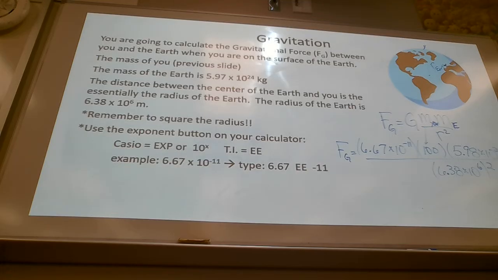It doesn't like notation without parentheses. Remember to square the radius. If you get it right, you should see a number that is really close to what you calculated your newtons to be on Earth.